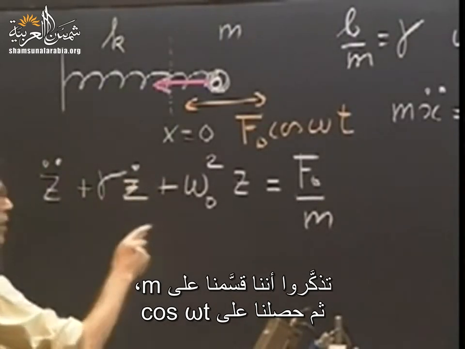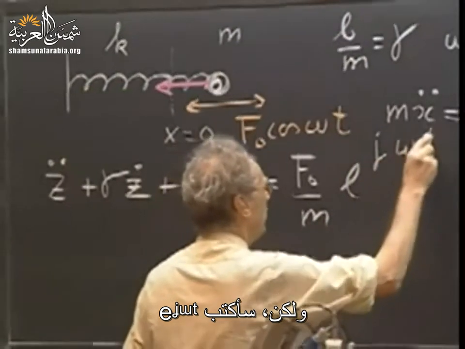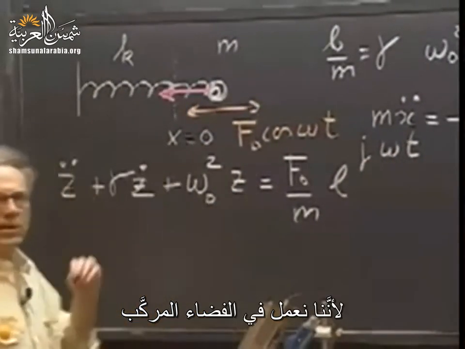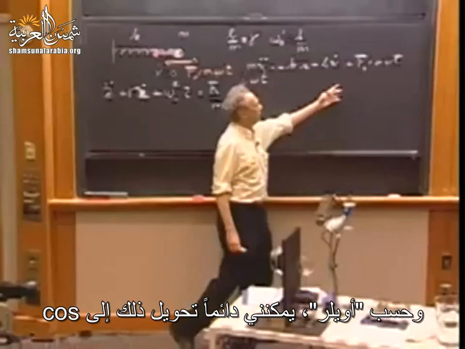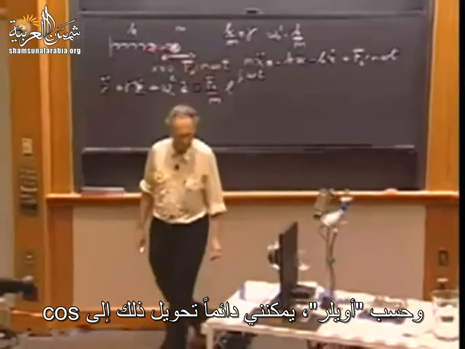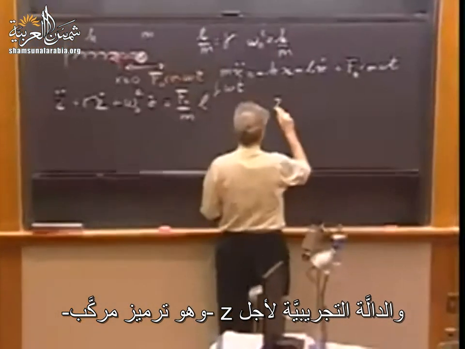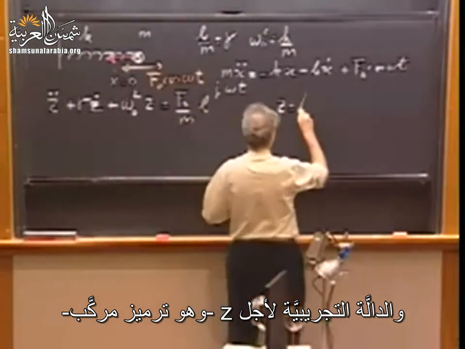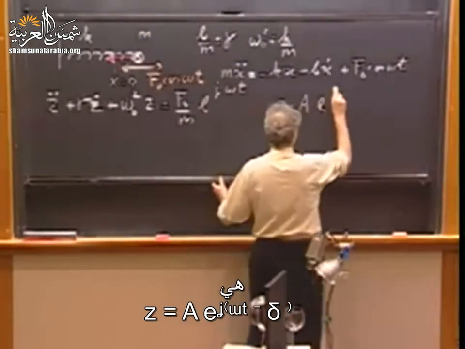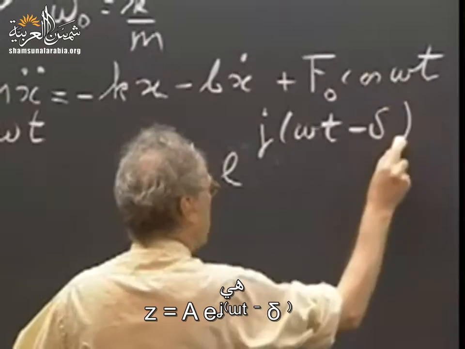Then we get cosine omega t, for which I will write e to the power j omega t, because I work now in the complex plane. And through Euler, I can always convert that back to cosine. My trial function for z, which is a complex notation, is some amplitude A times e to the power j (omega t minus delta).